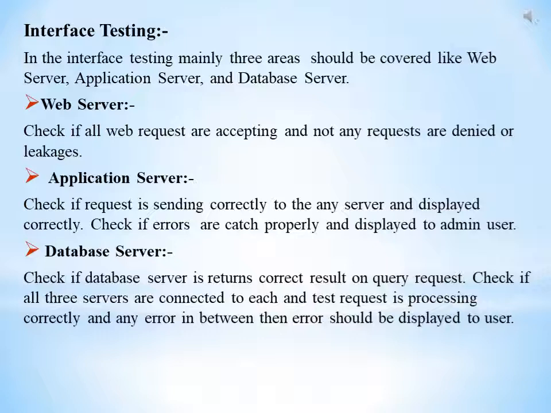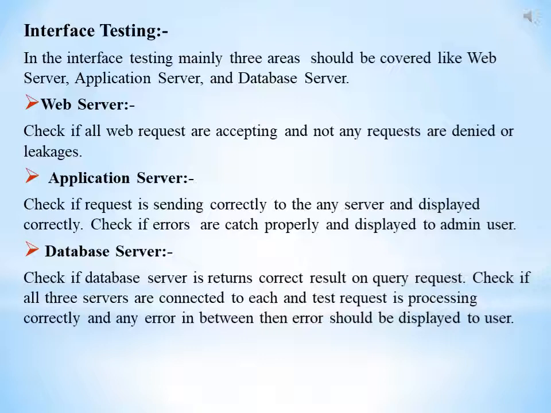Next is interface testing. In interface testing, mainly three areas should be covered: the web server, application server and database server. In the web server, check if all web requests are accepted and that no requests are denied or leaked.